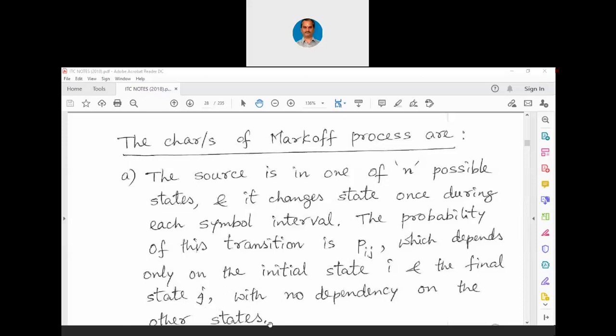The probability of me going from home to 11th cross is dependent only on the probability of me at home and me at 11th cross, that is P12. It has no dependency on the probability of me coming to Guttali circle. Anyhow I am coming to Guttali circle, anyhow I am going to Guttali underpass, anyhow I am going to come to Vinsamana bridge. But let us not relate all of them together, because I will be going to Guttali circle only after I cross 11th cross, right? I will be coming to 11th cross only after I start from home, right?